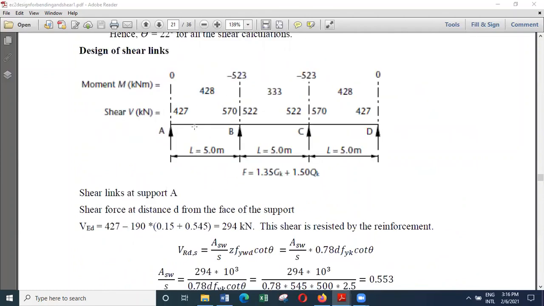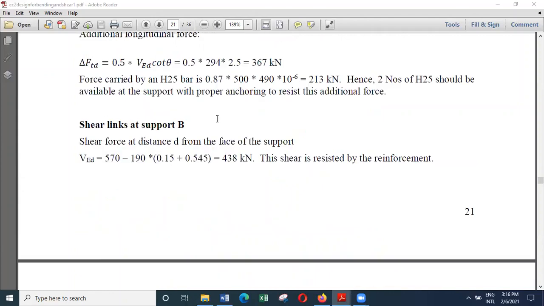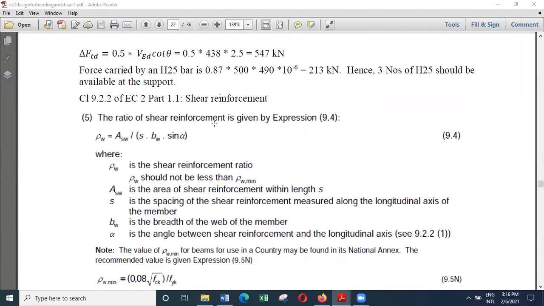To find that, first you have to see what is the minimum ratio that has been specified for shear links. And the minimum amount that is specified for links is given by this equation 9.4.